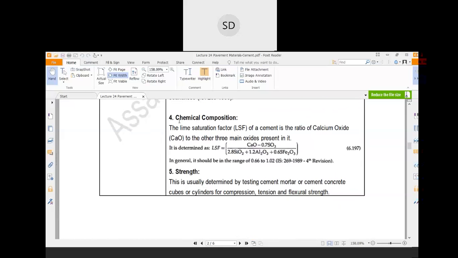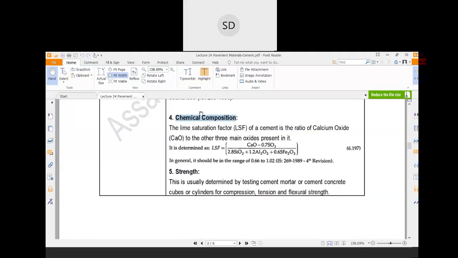Then there is the chemical composition test. Sometimes the cementitious material may contain some impurities. For that, you need to know the chemical composition or lime saturation factor of the cement.